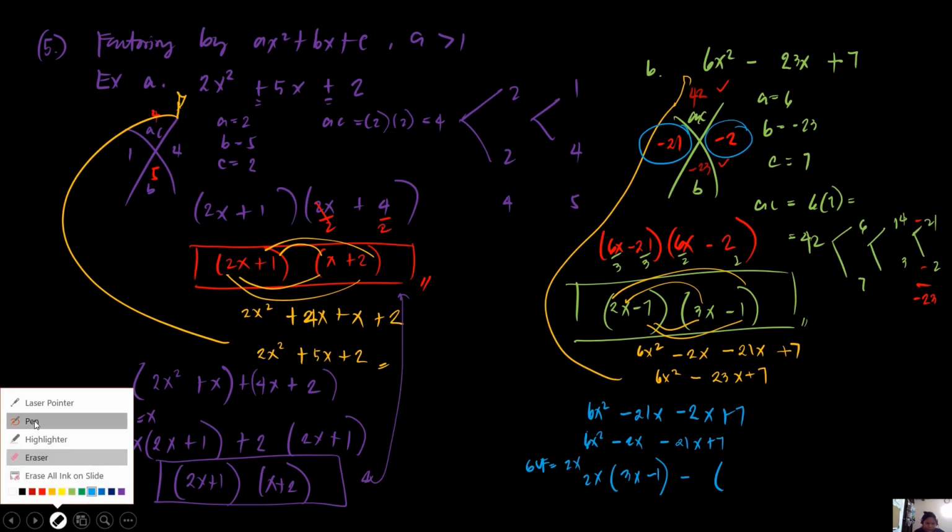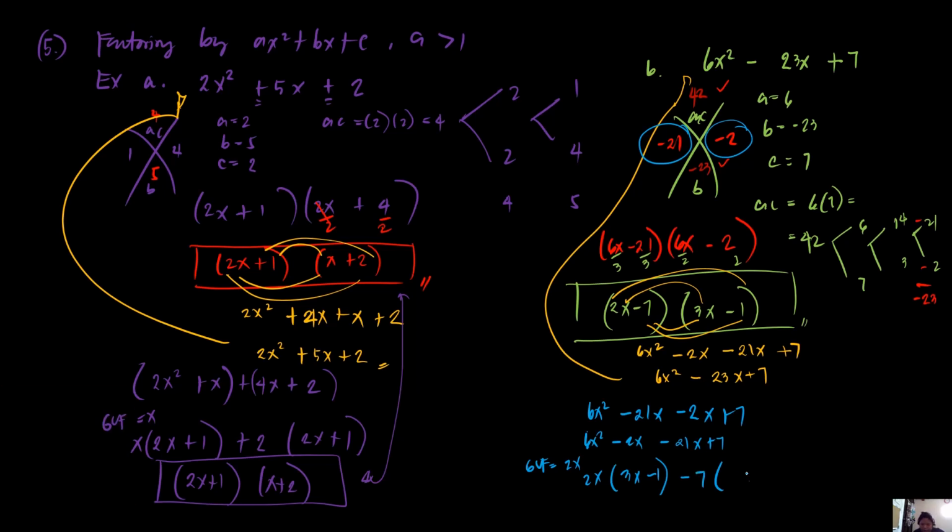Okay, so 7, we have 3x minus 1. Okay, so common factor is 3x minus 1. Then, naiwan si 2x minus 7. Same sila, class. Okay, so ganun lang ang gagawin natin.